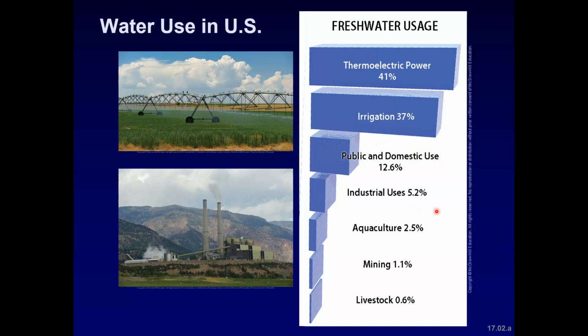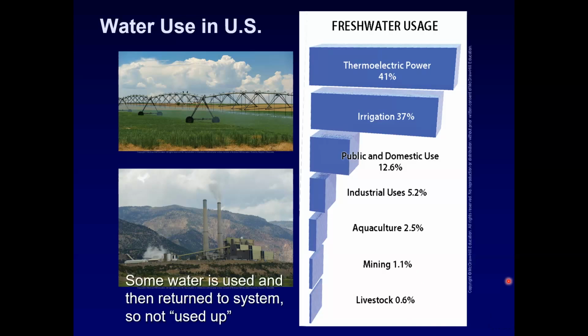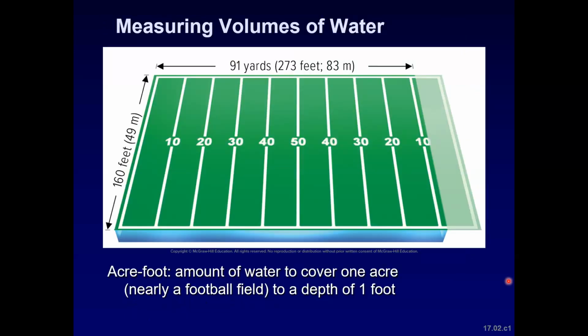Industrial use is 5.2, aquaculture 2.5, mining 1.1, and livestock at the bottom of this estimation at 0.6%. Some water used in irrigation might be returned to canals and rivers through, say, county drains in Michigan. Some can soak right back into the ground, of course. But that's an estimation. It's hard to really know absolutely where all water goes.